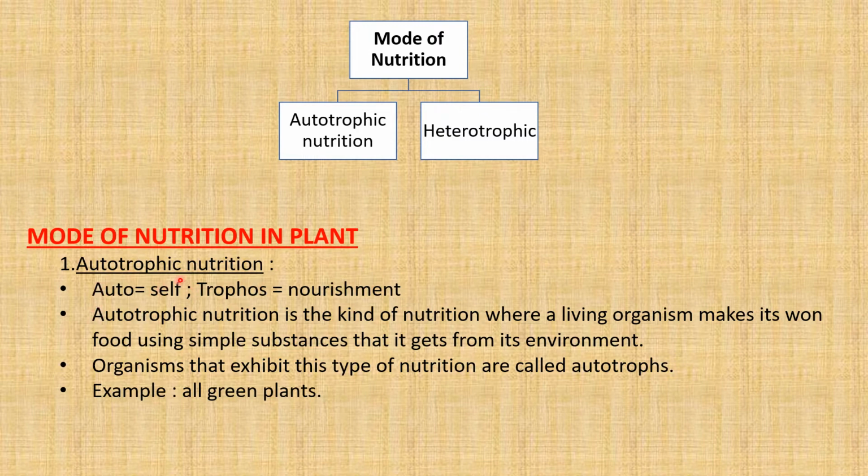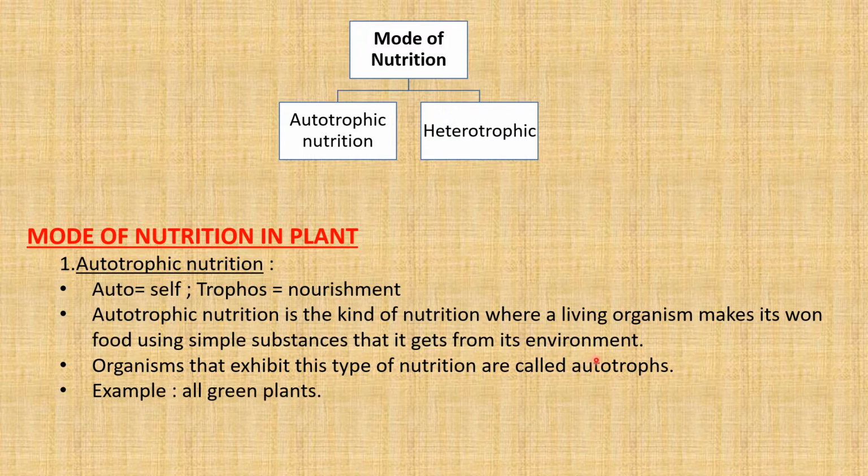If we split the word, we get auto plus trophos. Auto means self and trophos means nourishment. So autotrophic nutrition is the kind of nutrition where a living organism makes its own food using simple substances that it gets from its environment.